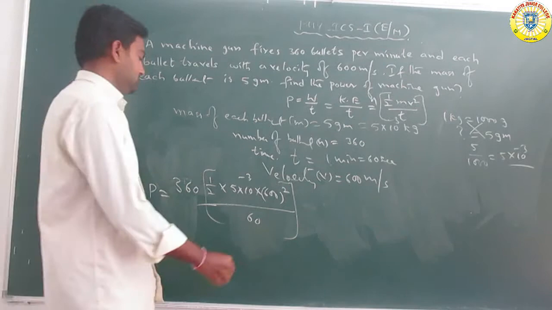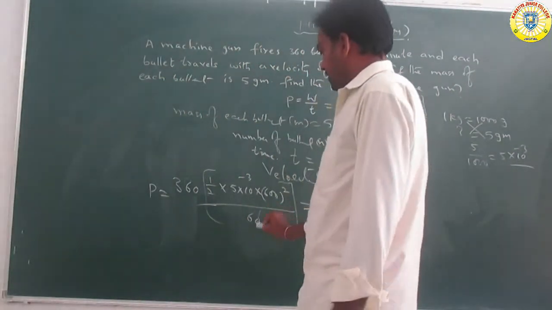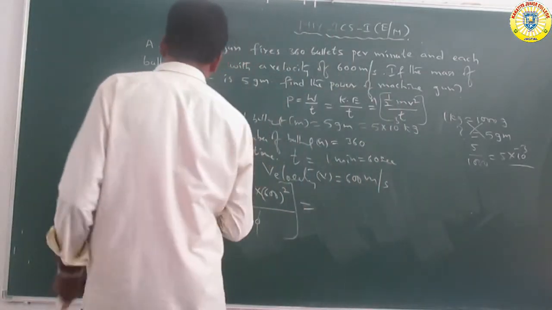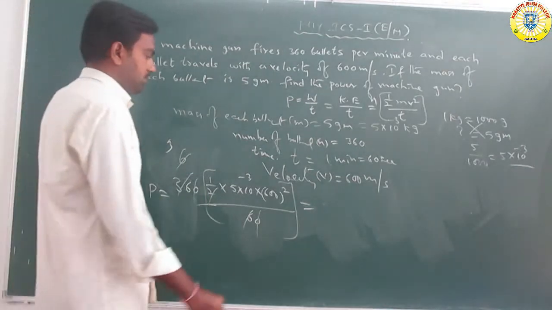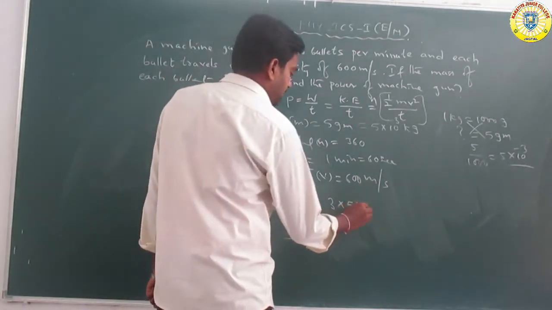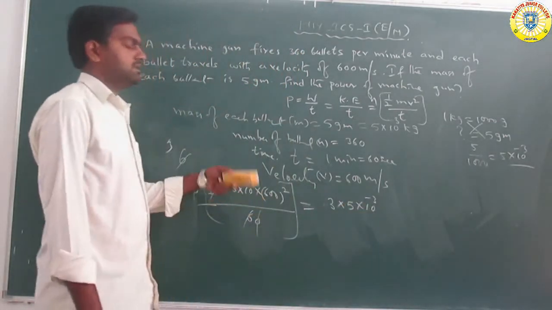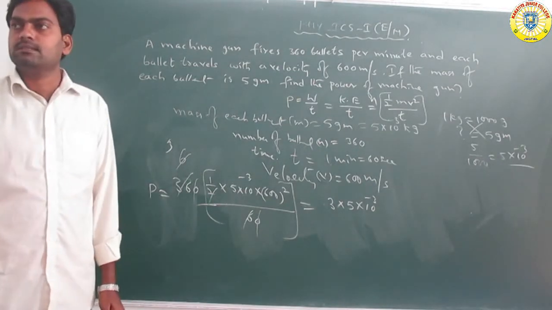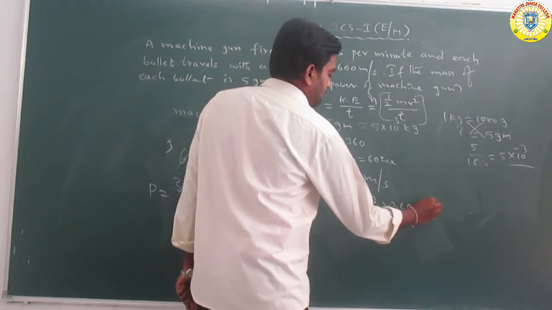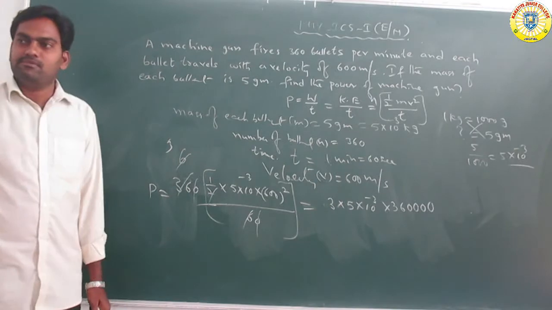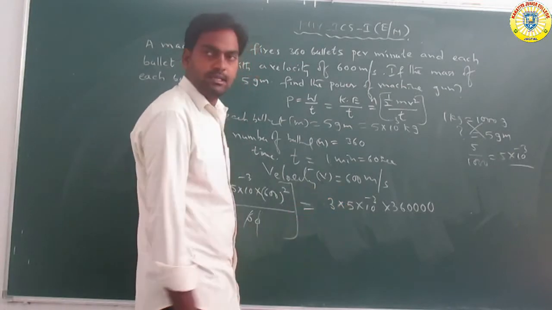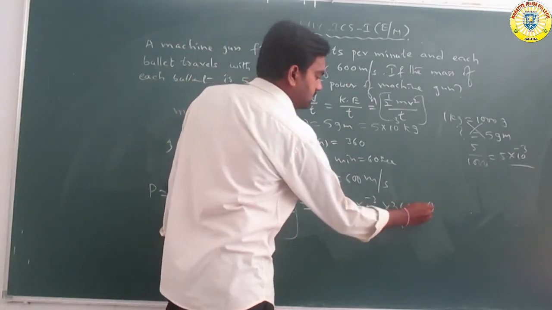Now simplification. The remaining equation is 360 into 5 into 10 to the power of minus 3 into 600 whole square by 60 into 1000. The 3 zeros are cancelled.